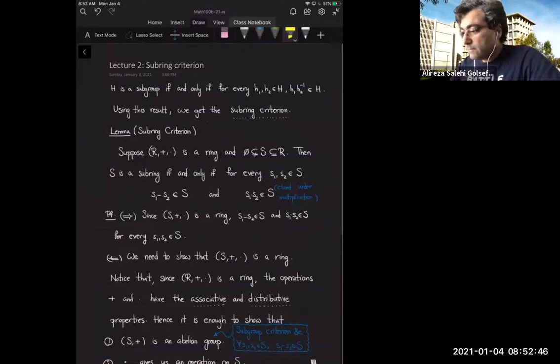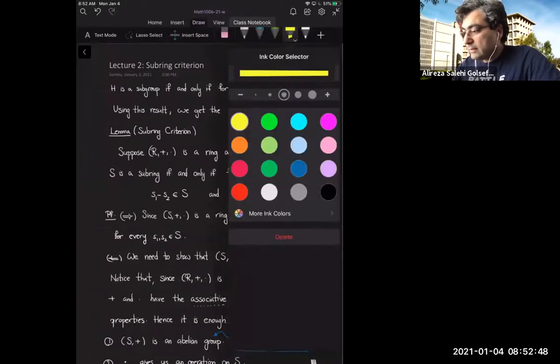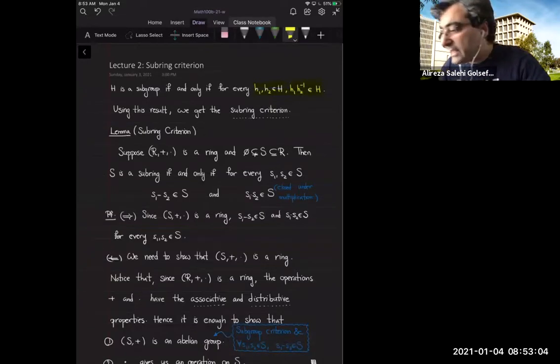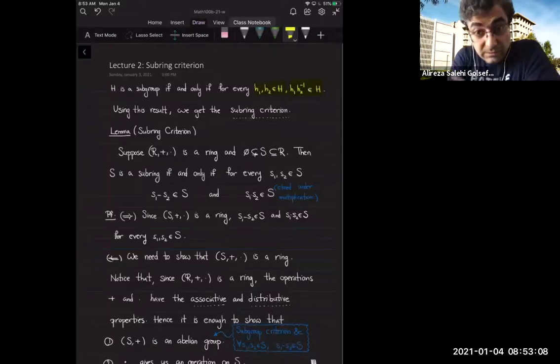for every two elements that I pick from this subset H, h1 times the inverse of the other one is inside H. So if I know that for every h1 and h2 inside this non-empty set H, h1 times h2 inverse is also inside H, we deduce that it is a subgroup.